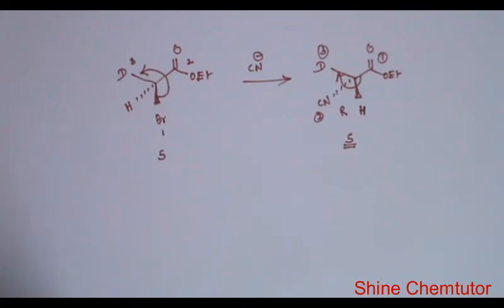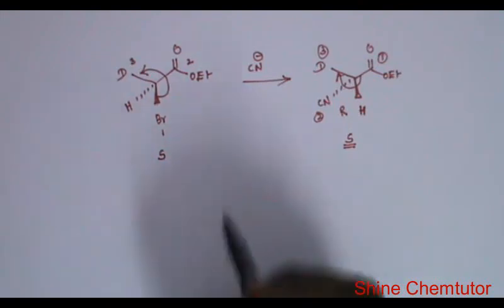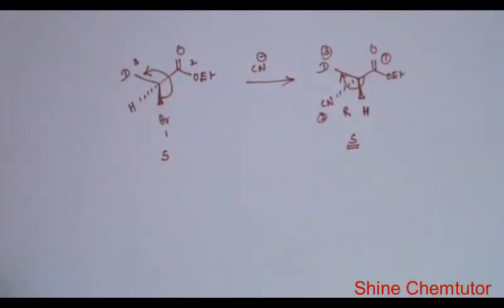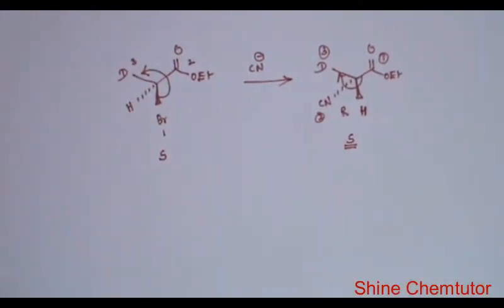Depending on the nucleophile, whatever you add, it may vary because you are replacing bromine atom which got higher priority with a nucleophile which gets second priority. Suppose if you give first priority for CN, then there will be inversion configuration.